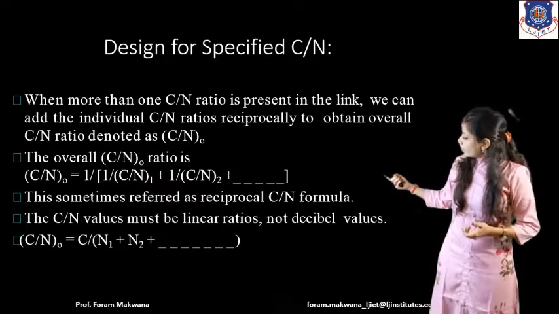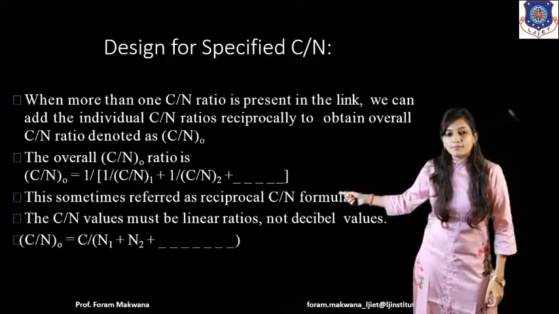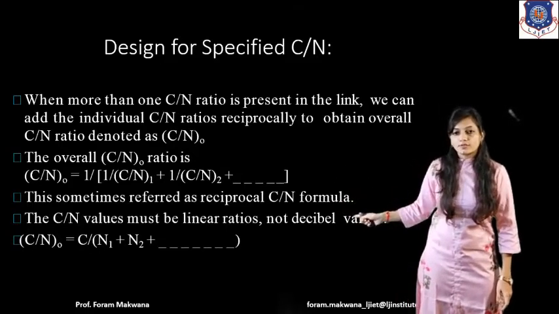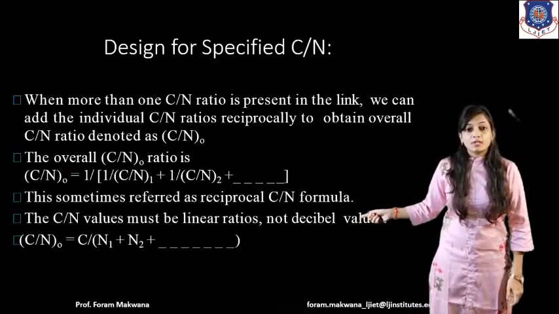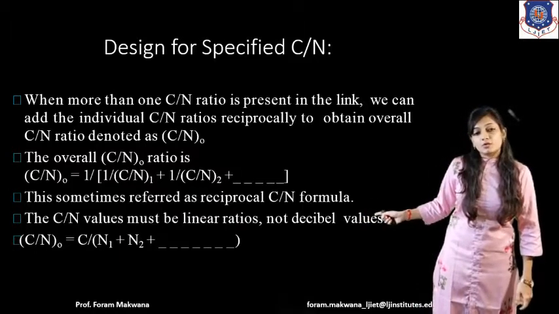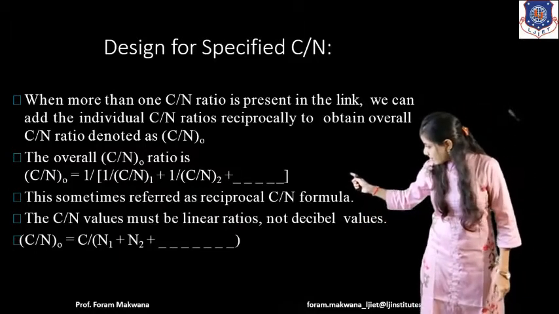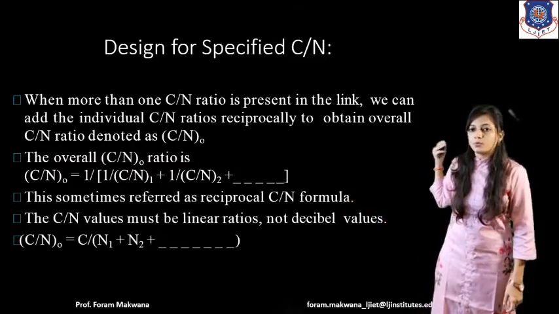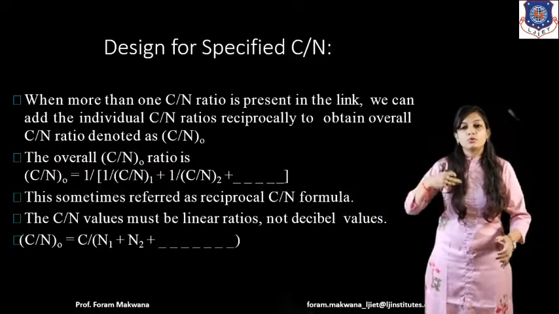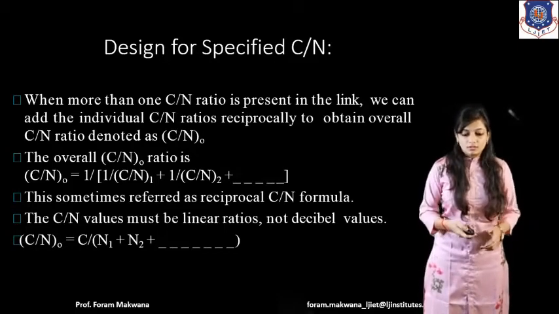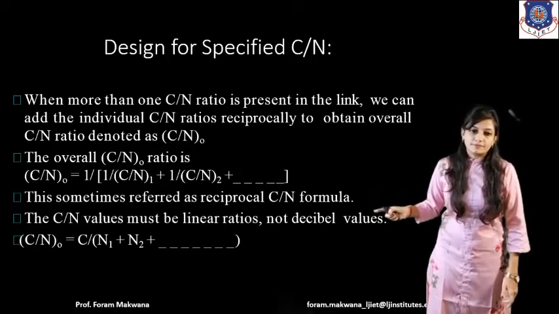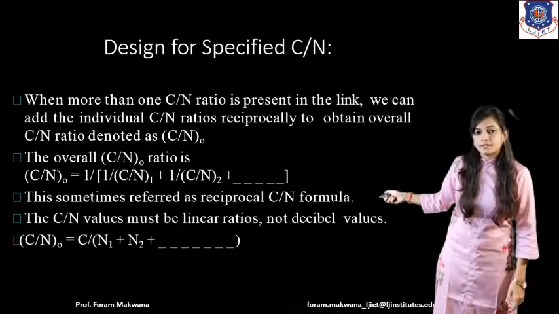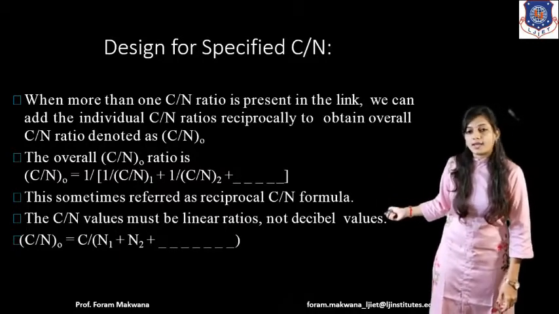The overall carrier to noise power is given as C by N in bracket O, where O stands for overall. We calculate the carrier to noise power for the first system in the link, then the second system, up to the Nth system, and take the reciprocal of the sum. So this is the reciprocal C by N formula.